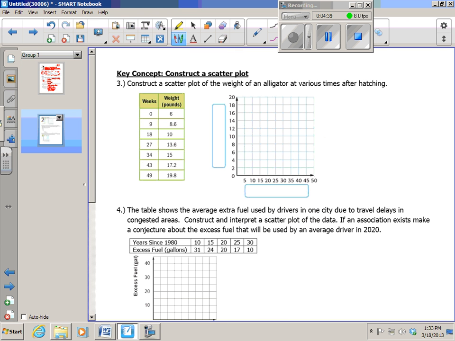Now we're actually constructing a scatter plot. So it says construct on the weight of an alligator at various times after hatching. And so here's our X, and that is the amount of time. And here's our Y, which is the weight in pounds.